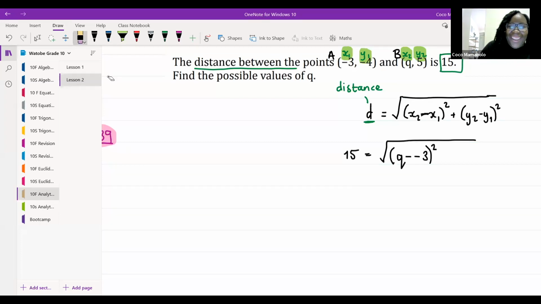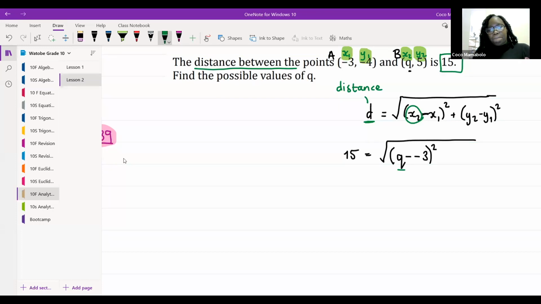Ma'am, are we still on the same sum? Yes, we are. We are doing this one that I'm showing you right over here, my sweetie. All right. We took x2, which was q. Are you with me? Yes. And we replaced x2 with q in the formula.